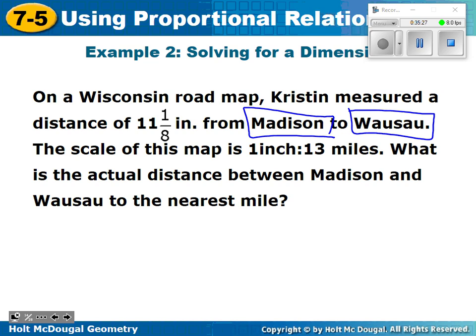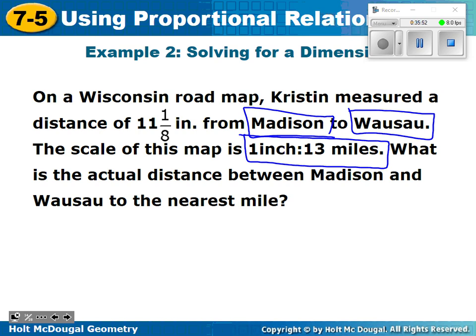So with my ruler, I'm going to measure, and this is from Madison to Wausau, 11 1/8 inches. She knows that according to the map, 1 inch is the same as 13 miles. Is that a scale or a similarity ratio? That's a scale. And they ask, what is the actual distance between these two locations?